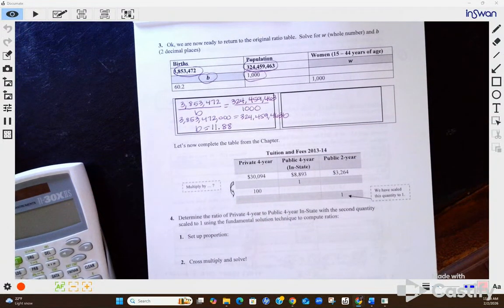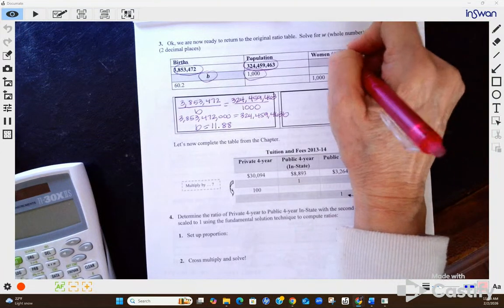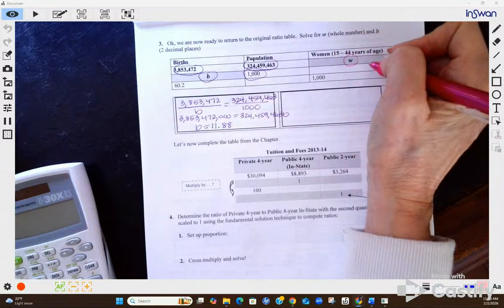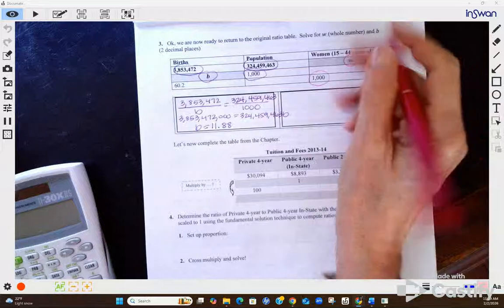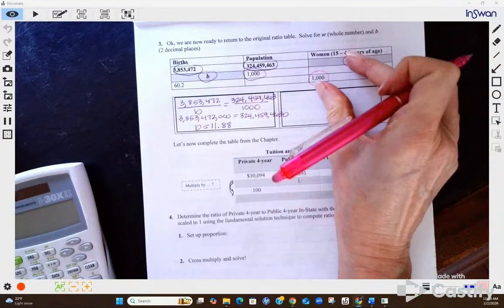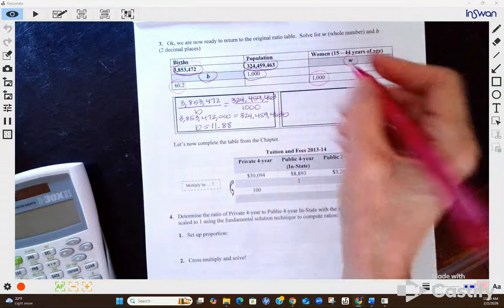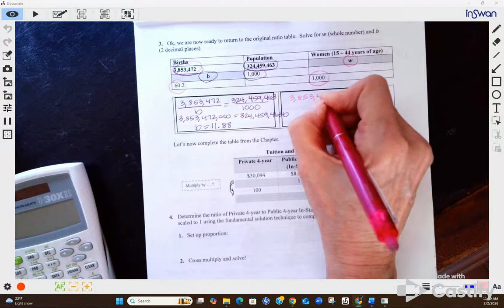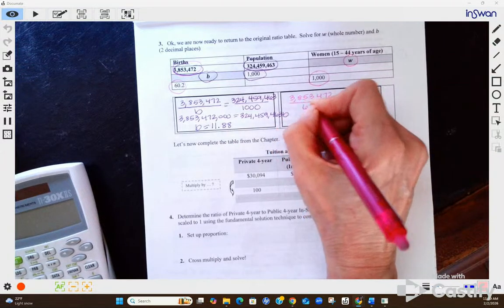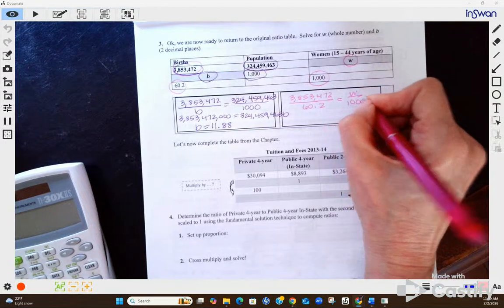All right, then for W, just like we did before, the only thing that lines up in the same column with W is 1,000. And so the two numbers that will line up with these two would be this one and this one. So we'll have 3,853,472 over 60.2 equals W over 1,000.